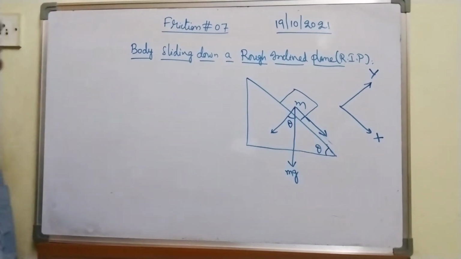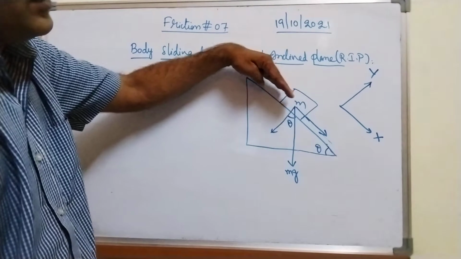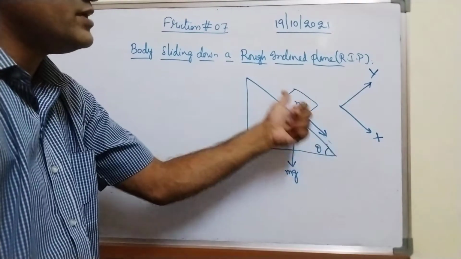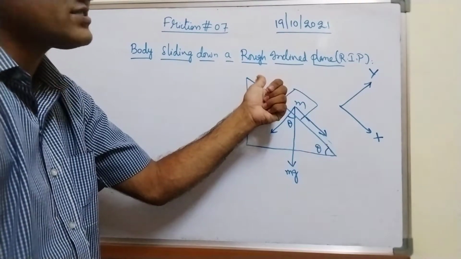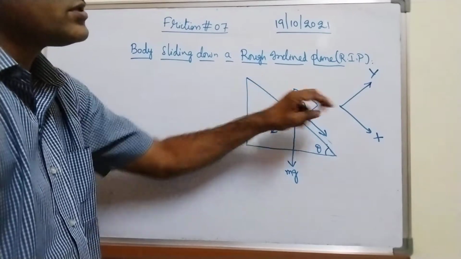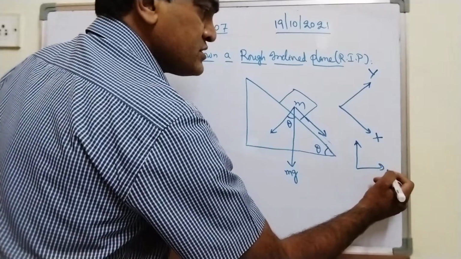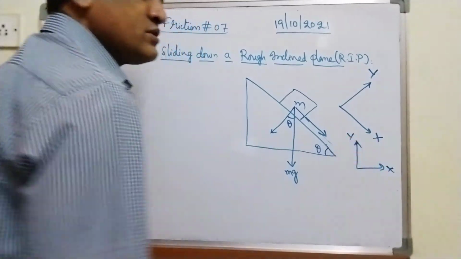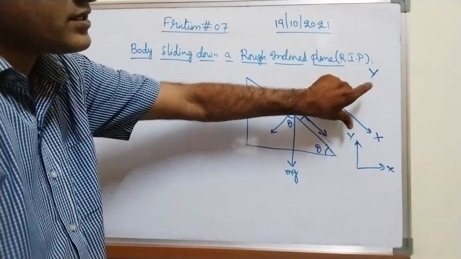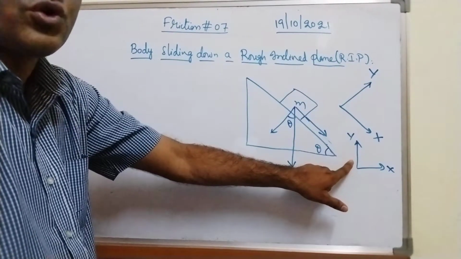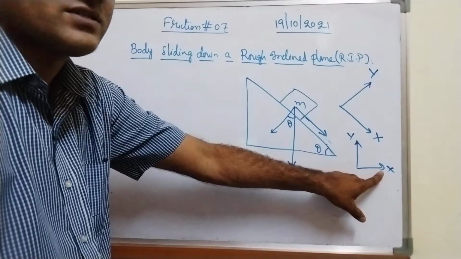Fine. So down the plane I will consider as positive x-axis, and up the plane as negative x-axis, because if you rotate like this, this will be positive x-axis, is it not? This will be positive y-axis. If you rotate the coordinate axes as shown here, this will be positive x-axis.